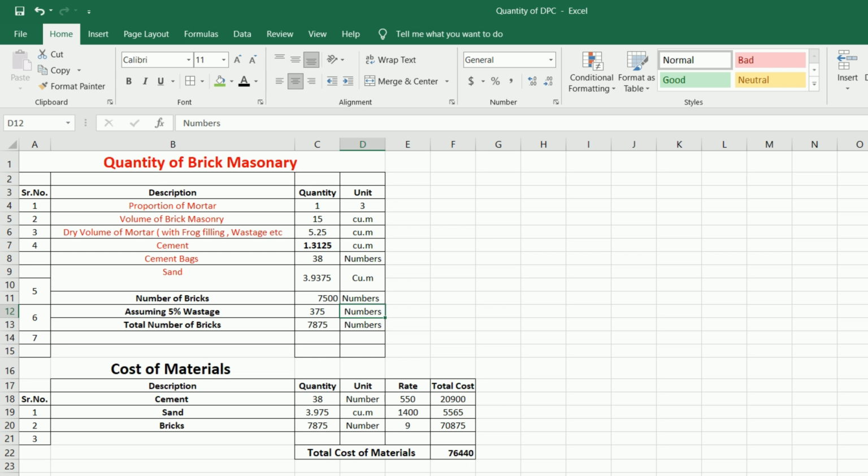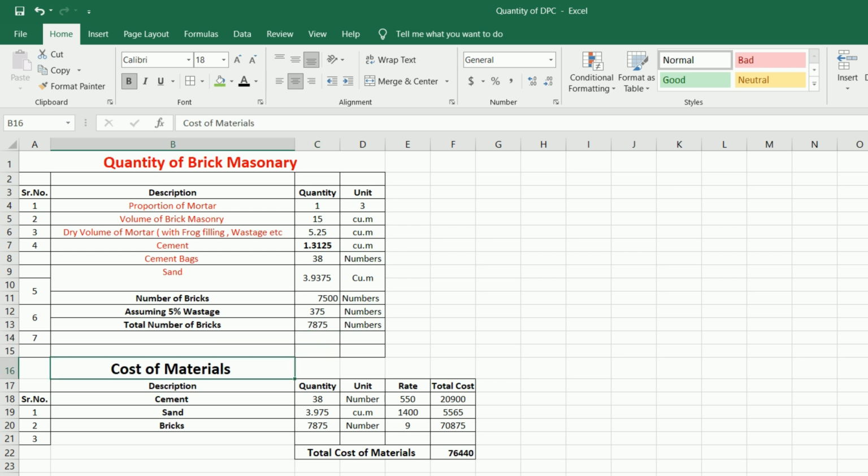So the total numbers of bricks required for this wall is 7,875 numbers, from the formula equal C11, which is total numbers of bricks, plus 5%, which is 375, C12. When you enter this, you will get the total numbers of bricks.